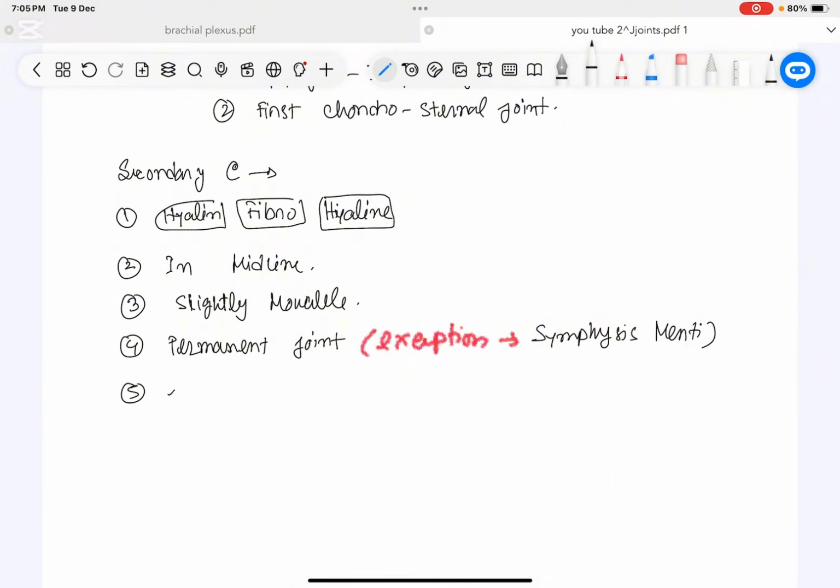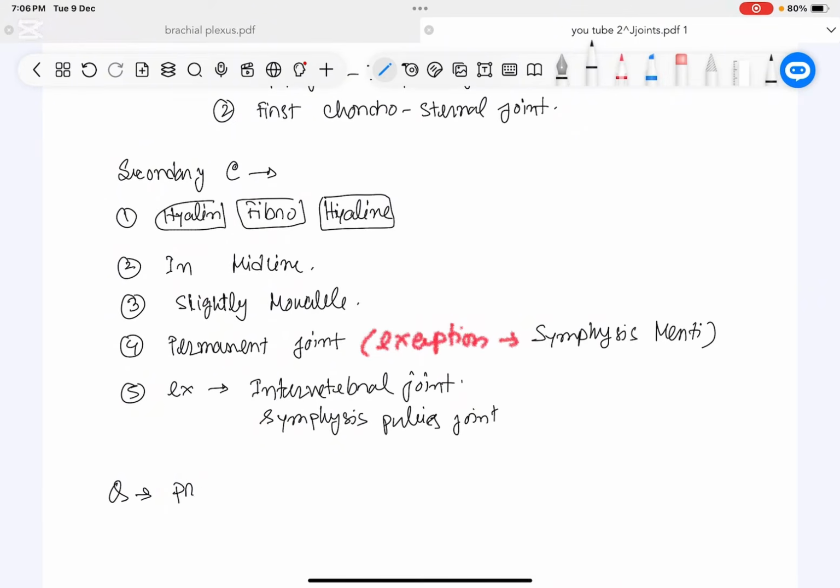Give an example. Example we can say intervertebral joint. Or one more example also we can say symphysis pubis joint. So, from here what are the questions we can ask related with the cartilaginous joint?